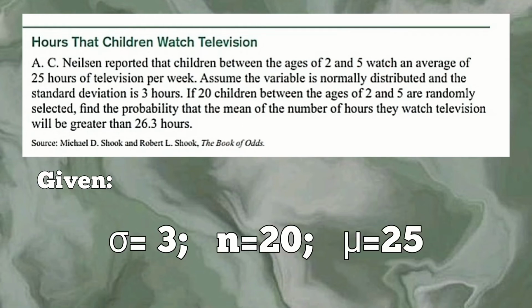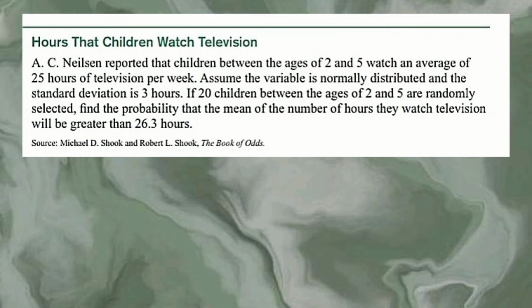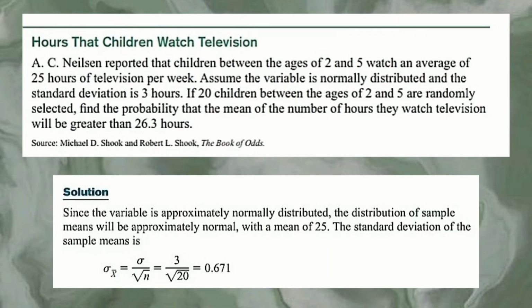The standard deviation, or sigma, is 3 hours. The n is 20, and the mean is 25 hours. Since the variable is approximately normally distributed, the distribution of the sample means will be approximately normal with a mean of 25.